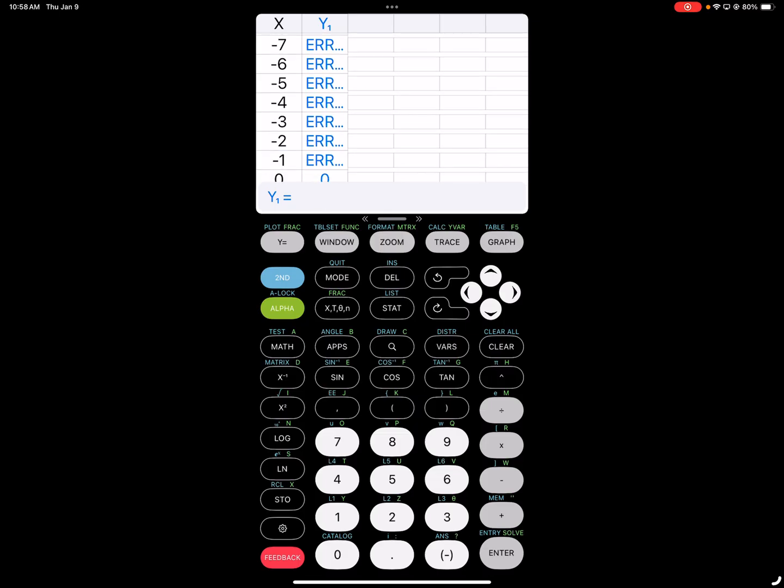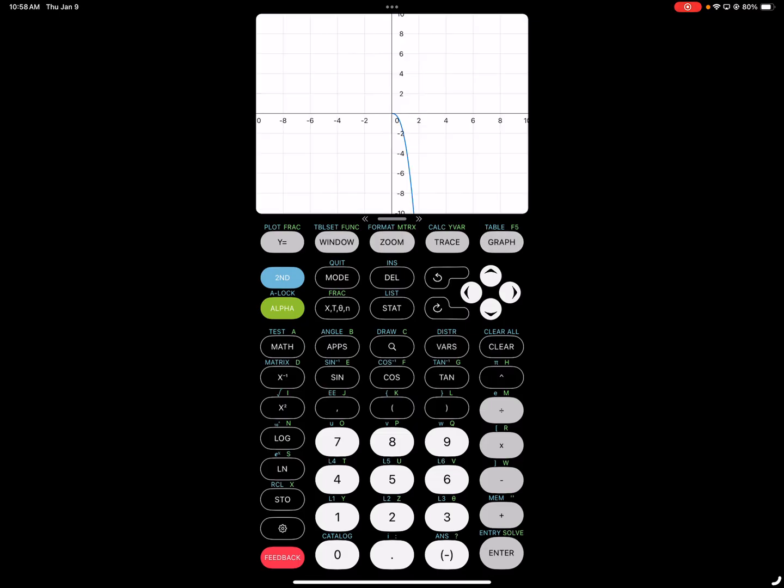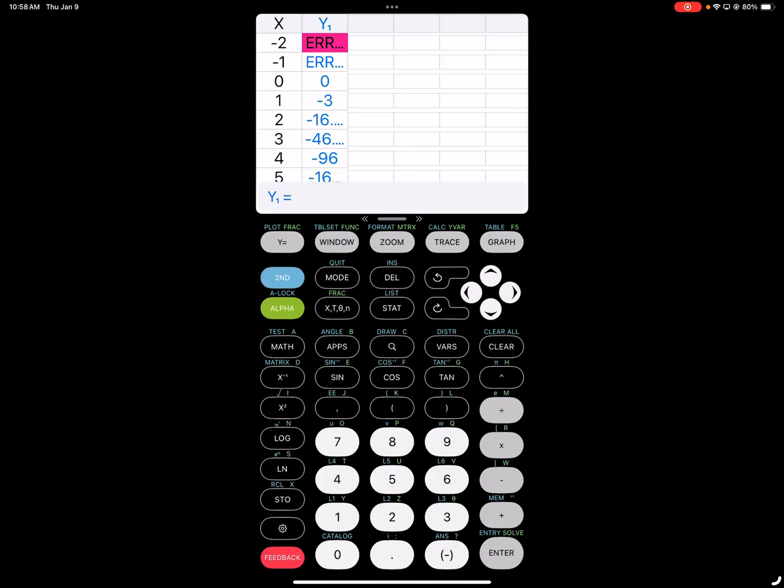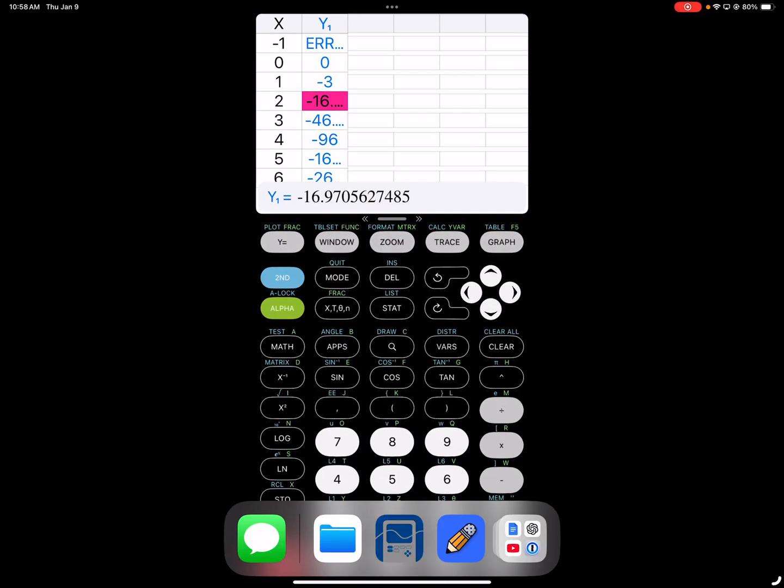So it says error. So what else can you look at? If you look at your graph, where does it go off in between what two numbers? Like down here is in between what two numbers on the x-axis? 1 and 2. So look there, right? So in between 1 and 2, we can see what the x value is. So it's negative 3 for 1 and negative 16, right? So it's going to go off the graph.